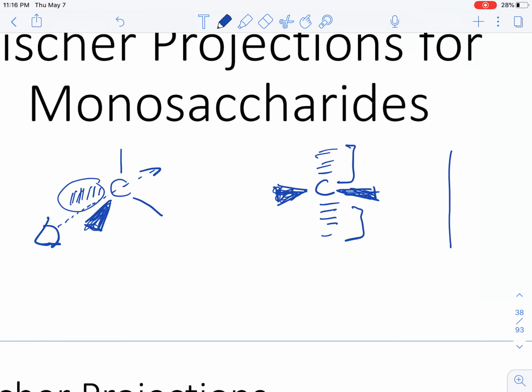And the bold covalent bonds in the Fischer projection are going to be depicted as horizontal lines. And where the vertical line and the horizontal line meet, that's going to represent a chiral carbon.